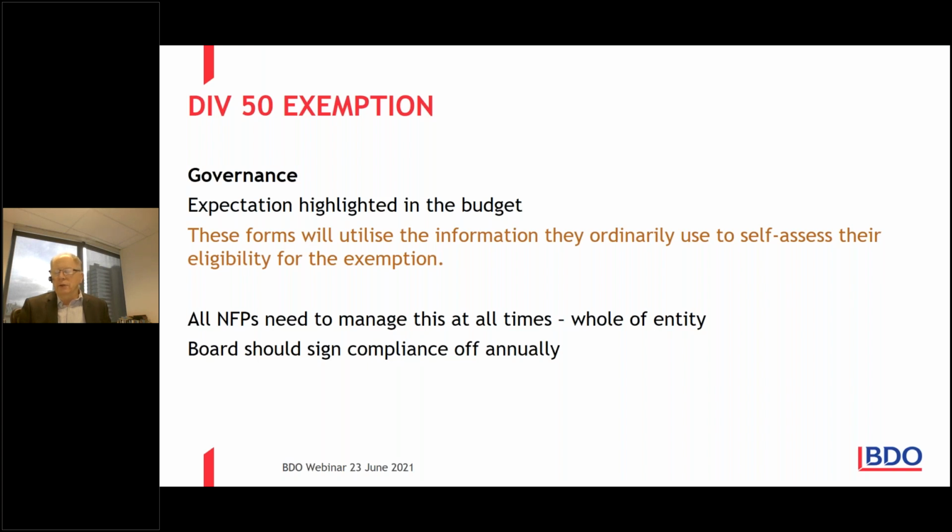So the ATO's view is that each organisation would be self-assessing their eligibility for the income tax exemption generally on an annual basis, so that the board would sign off saying we're satisfied, as part of signing off our annual financial statements, for example, that we are continuing to do everything we need to do to satisfy our income tax exemption. That is, we're complying with all of our substantive requirements of our constitution, we're applying our income and our assets solely to the delivery of our purpose, and we can enunciate exactly what that purpose is.